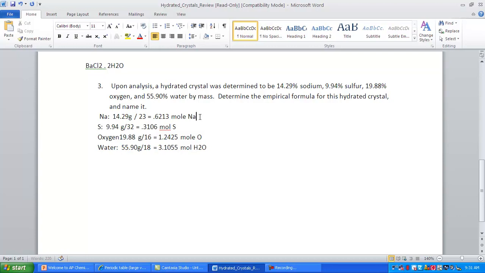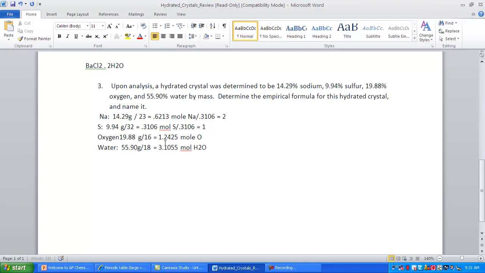So what we'll do then is go back into our list and divide them all by 0.3106. 0.6213 divided by 0.3106 gives me a value of 2.0003. That's a number of 2. Of course, any number divided by itself will give us a 1, but we'll show the work. 0.3106 divided by 0.3106 equals 1.